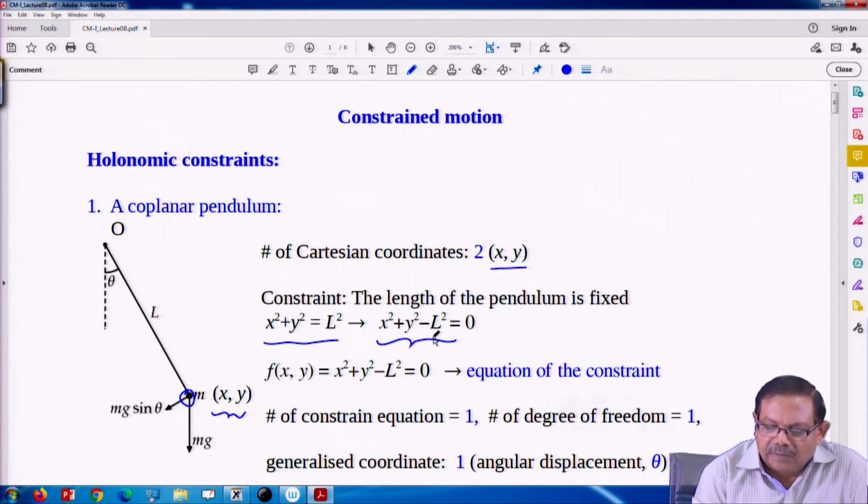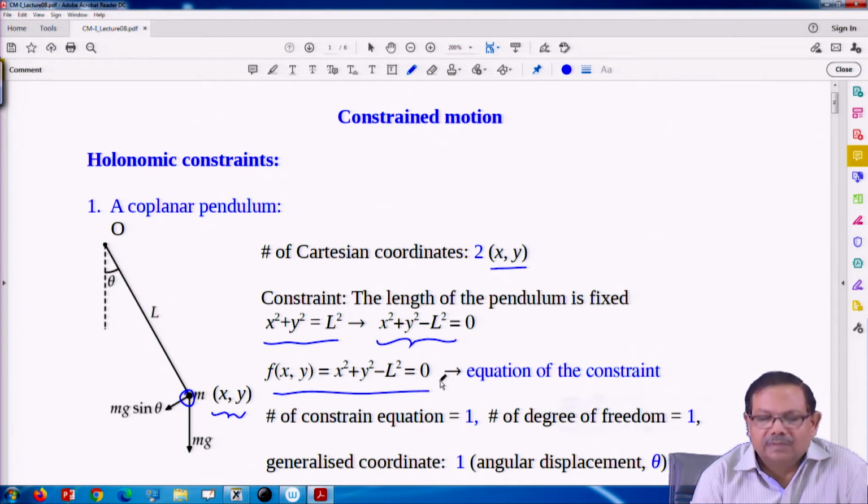So, this kind of condition I can write formally as a function of coordinates. There are two coordinates here, x and y, and x square plus y square minus L square is 0. So, this is my equation of constraint.